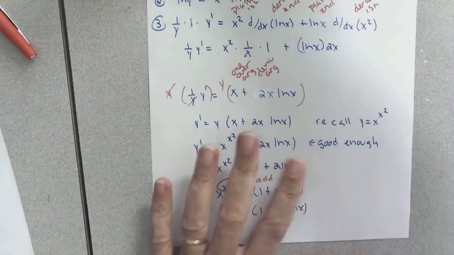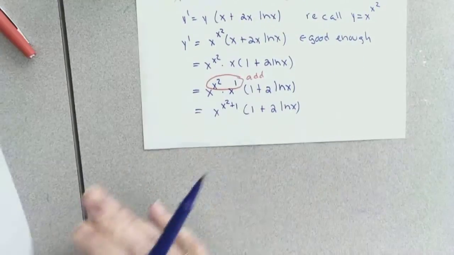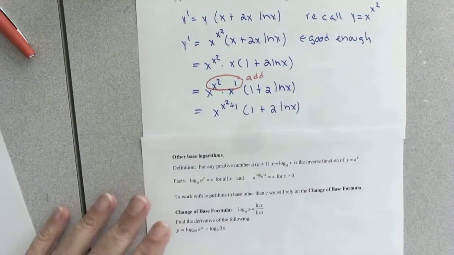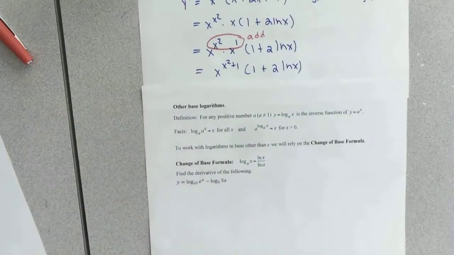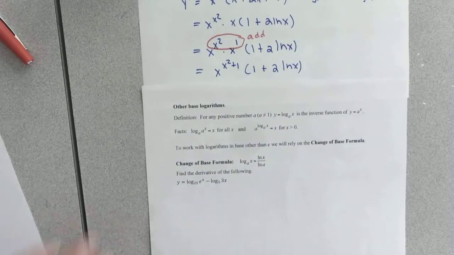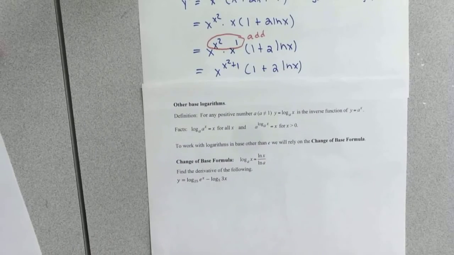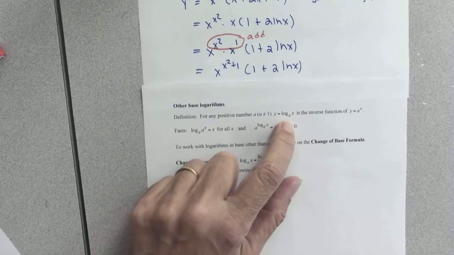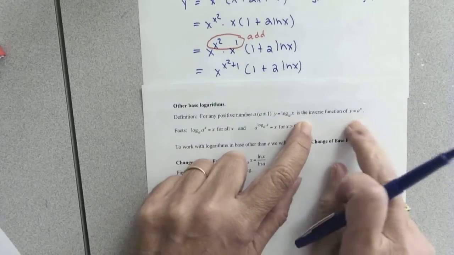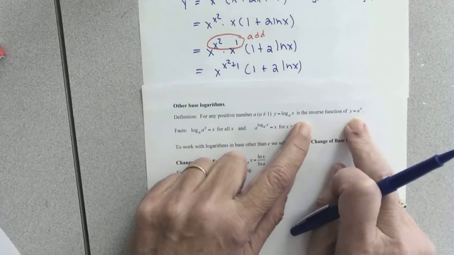Okay. Moving on. We're getting close to the end. Other base logarithms. Now, we can memorize a whole bunch of calculus formulas for other base logarithms, but we're not. First, a definition. For any positive number a not equal to 1, y equals log base a of x is the inverse function of y equals a to the x.